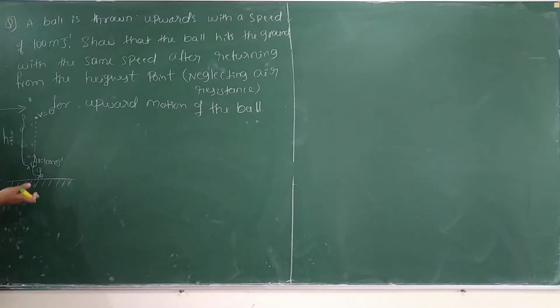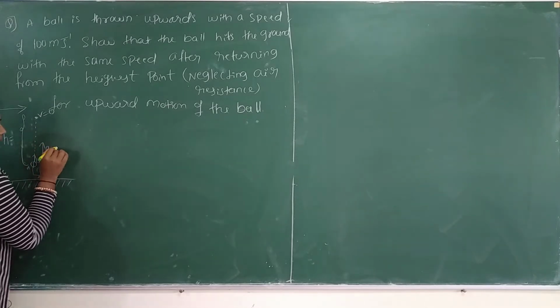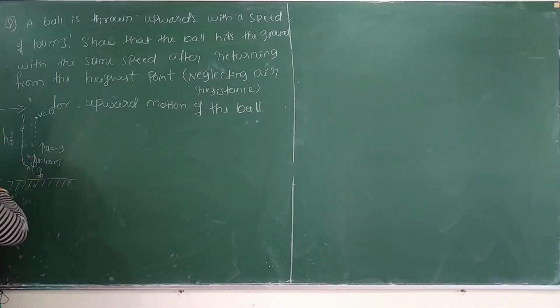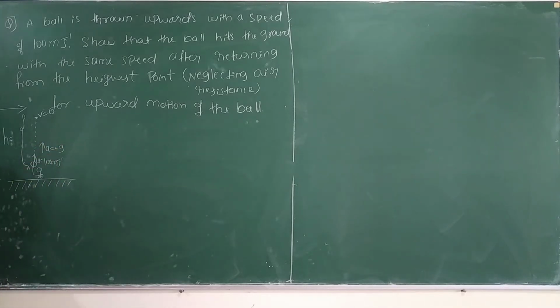So the ball is moving upward, which means acceleration will be negative, and air resistance is not given, so it will be neglected. That will be a equals to minus g. You have to take that for the first condition, when you are throwing the ball.